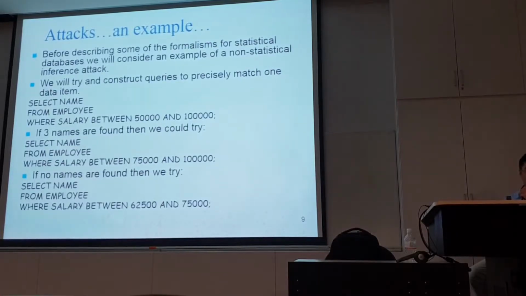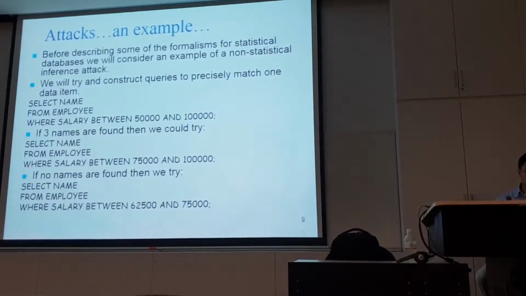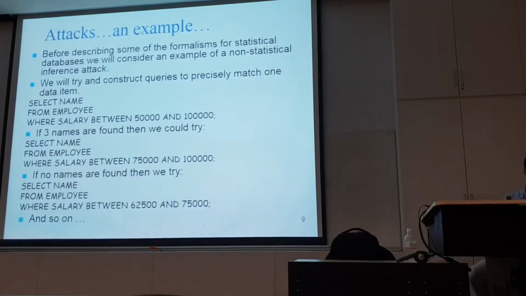You can still use a range to infer the salary. For example, you can do a binary search type query to try to locate the salary, right? That's one example of this kind of inference attack. But this is not against the statistical database, right?